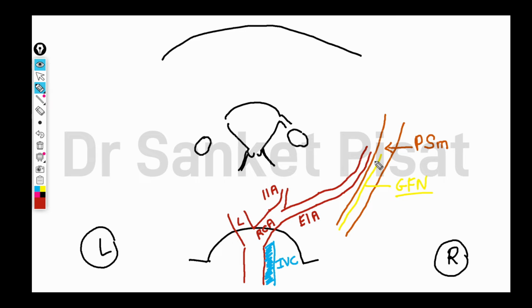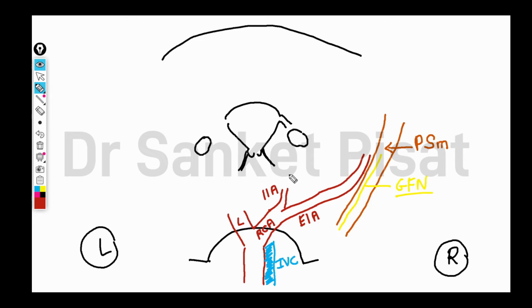I'll just make this a little bit smoother so that it is easier for you to understand. So this is the external iliac artery, and you can see that it is going to run like this and go forward. Similarly, run like this and go forward. So this is the external iliac artery which you are going to get over the pelvic side wall.